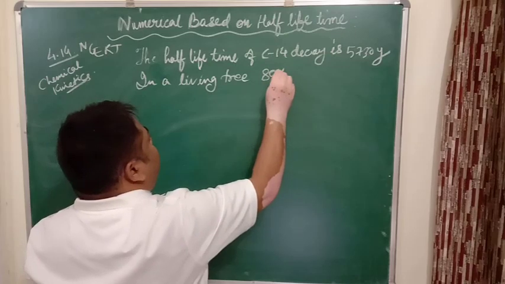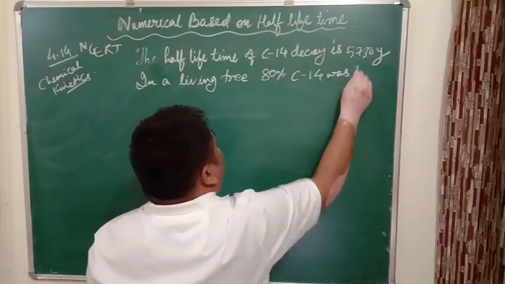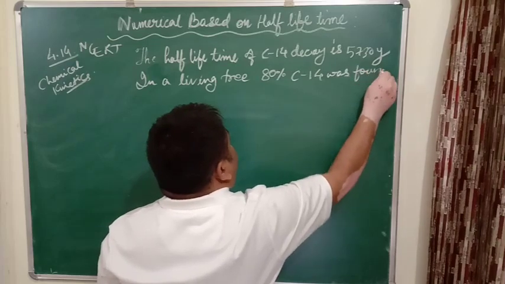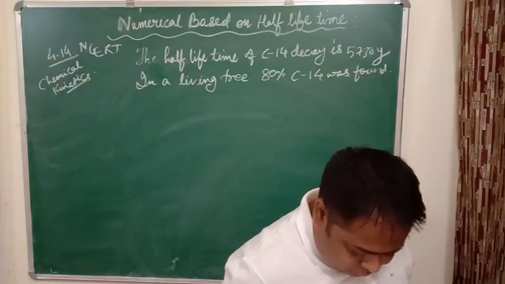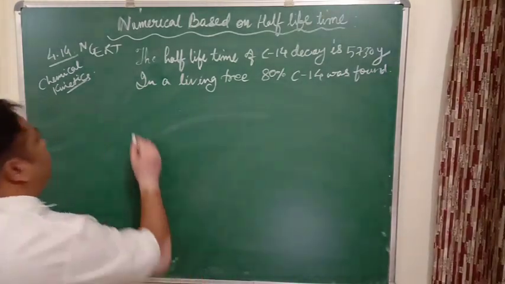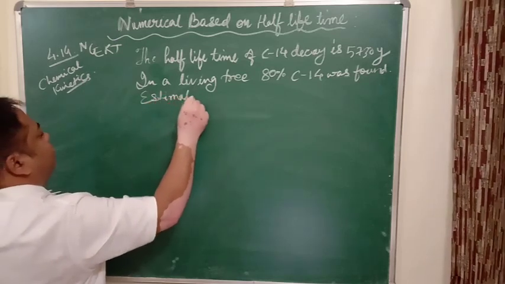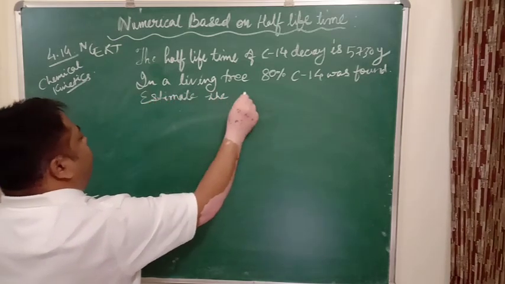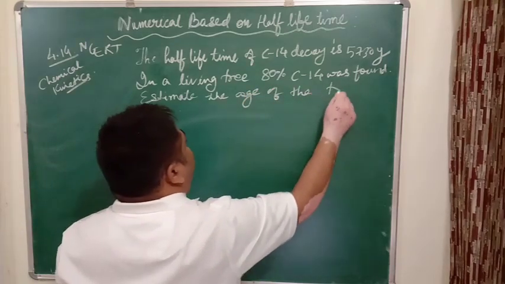C-14 is the radioactive isotope of carbon. The question is: estimate the age of the sample, the age of the tree or sample.